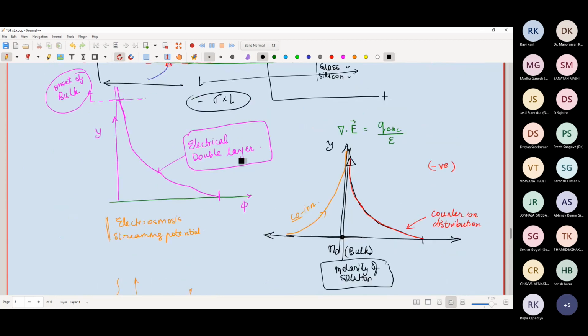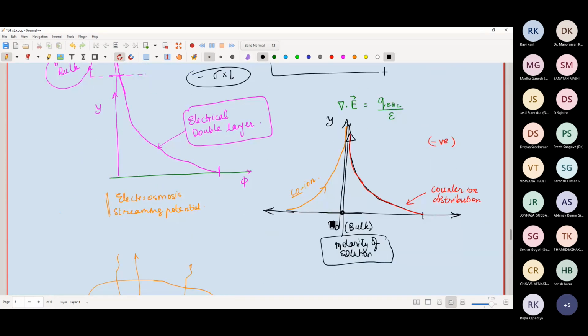Yesterday, we did look at the number density with respect to the bulk concentration. We saw that for counter ions, that is ions which have an opposite charge to that of the wall, the number density increases, whereas the co-ion concentration decreases. So for what distribution do you think the assumption of point-sized ions will create a major issue?